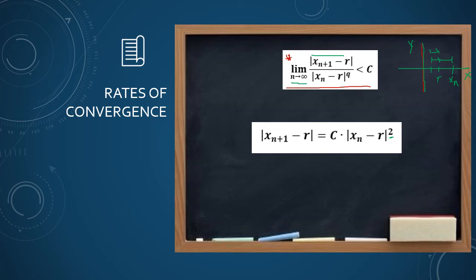But this is just a way to get an idea of what's going on here. It's basically saying our n plus 1 error. Let's go ahead and write this down here.